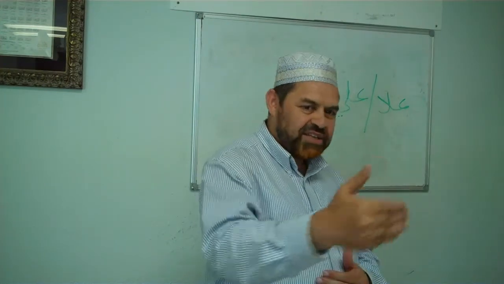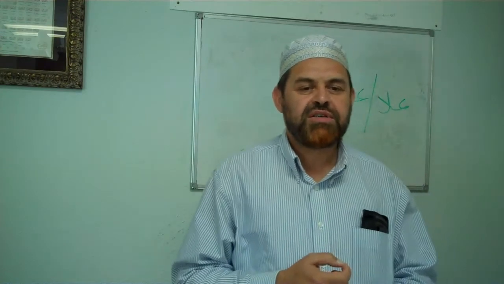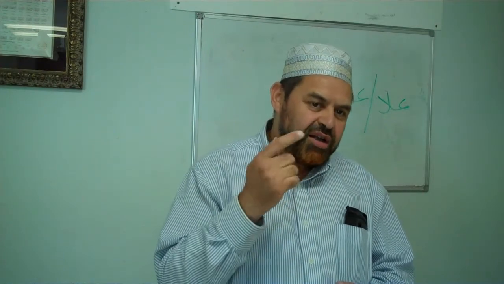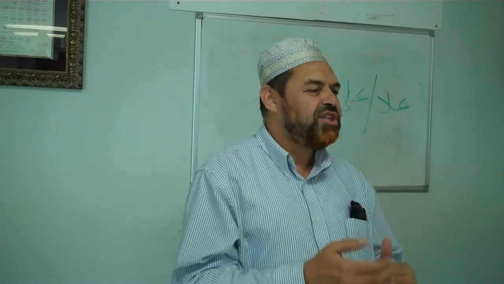For the junior, the second one who carries the same name, we say Muthanna. Like the grandson of Rasulullah sallallahu alaihi wasallam, Hassan, the big brother, Hassan and Hussein. The big brother Hassan got his own son, and his son's name was also Hassan. So in the history of Islam, his son is known as Hassan Muthanna. The second, yes.